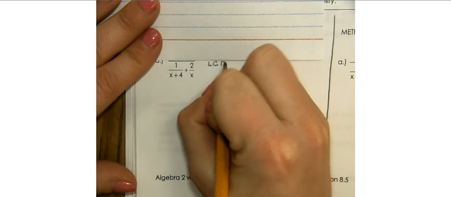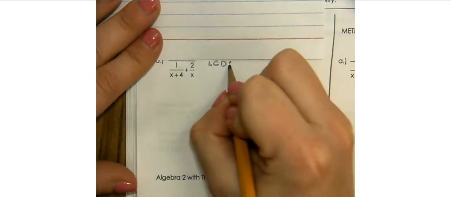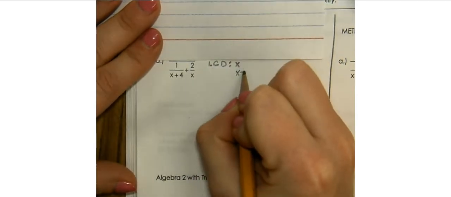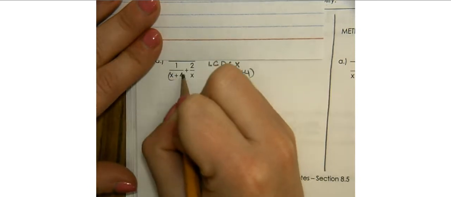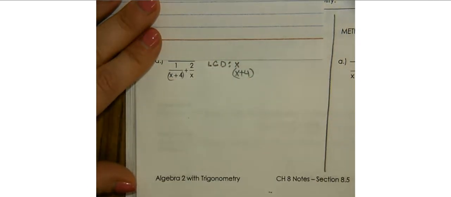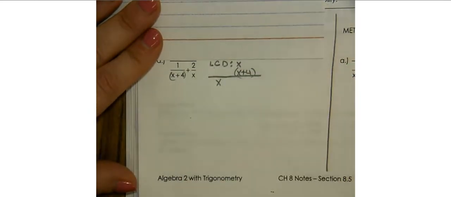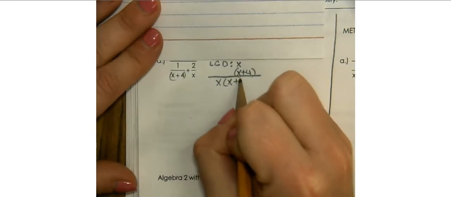I have an x and I have an x plus 4 that I'm going to put into parentheses, because anytime I see addition, I'm going to put parentheses automatically around it. So therefore, my least common denominator is going to be one of each term, or one of each factor represented. So I'm going to have an x and an x plus 4, and that's my LCD.